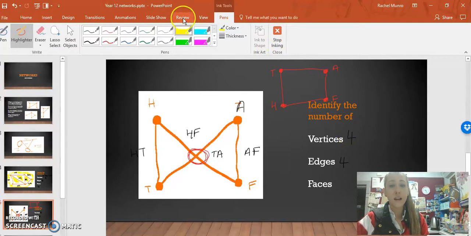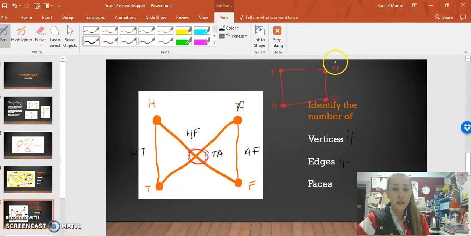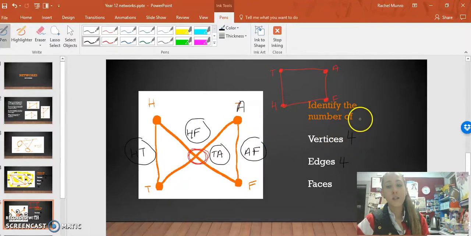You can still see that we've got T to A, which is this one. We've got T to H, or H to T, H to F, and A to F. So again, still the 4 edges and still the same 4 vertices.